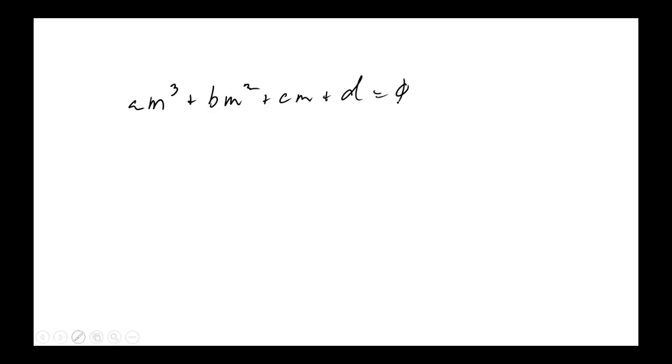Now, if life were nice and kind, which most of the time it's not, A would be 1. It could be. That would make it a little nicer. But even if not, if you could factor by grouping, that wouldn't be a bad thing to do. But in general, that's not going to happen that frequently. It's pretty rare that you can factor by grouping.